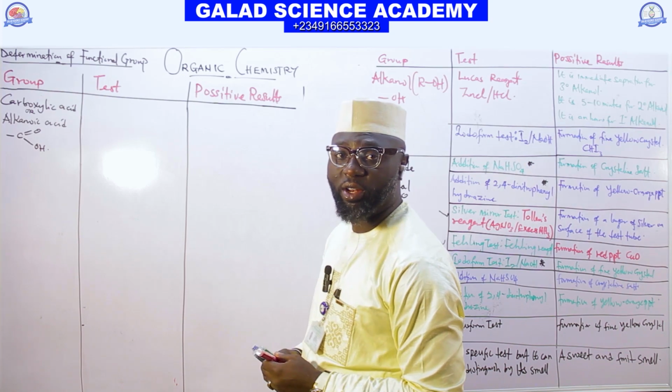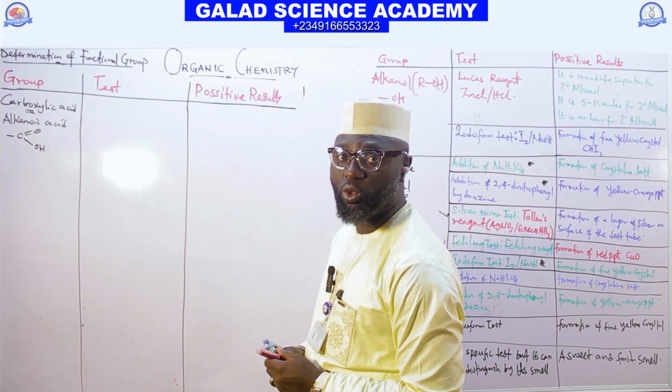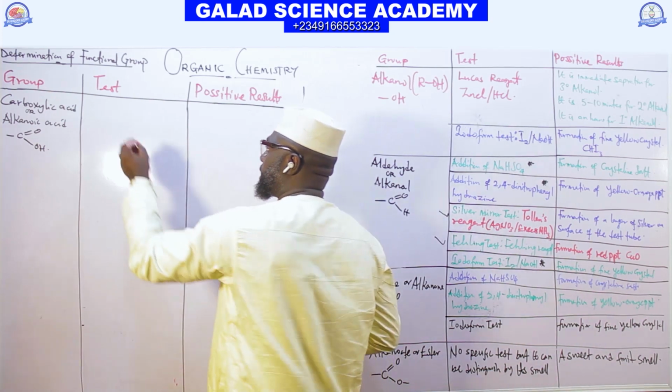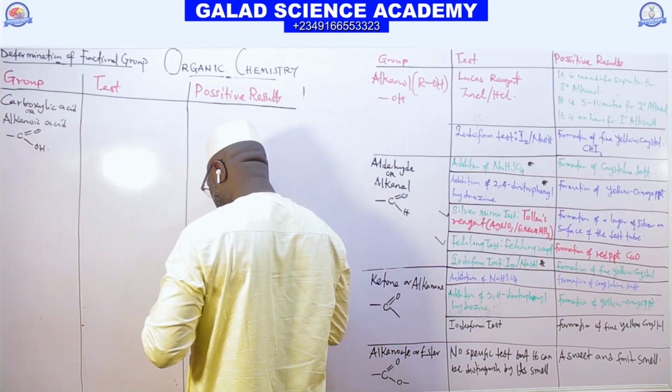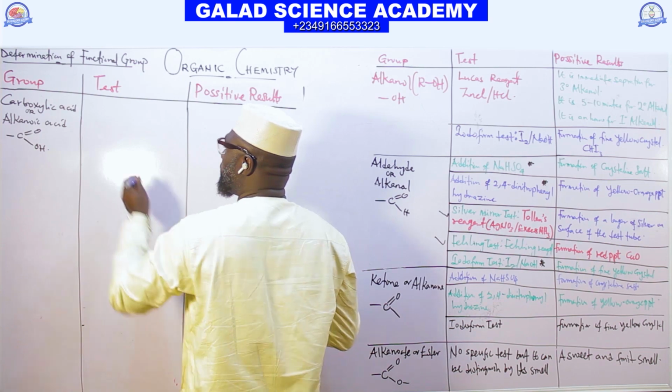To test for the alkanoic acid, we can use the litmus test.